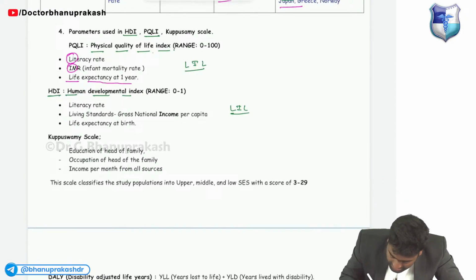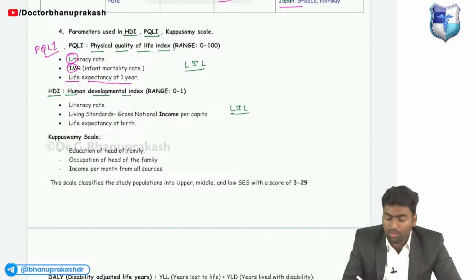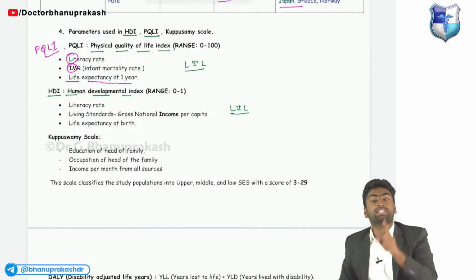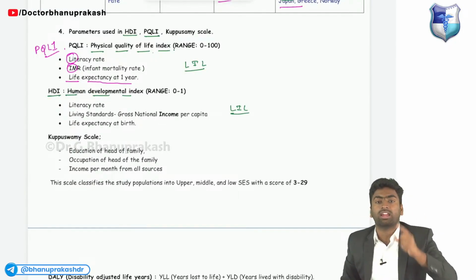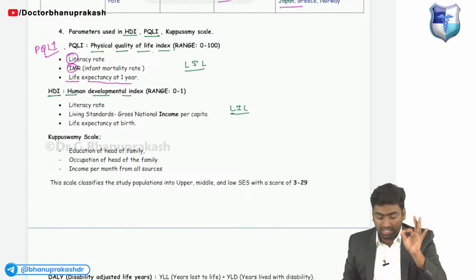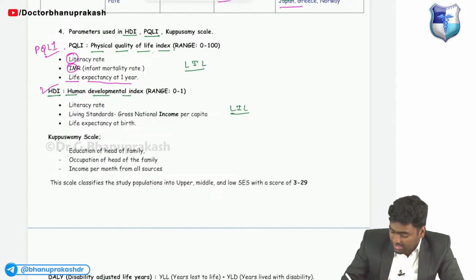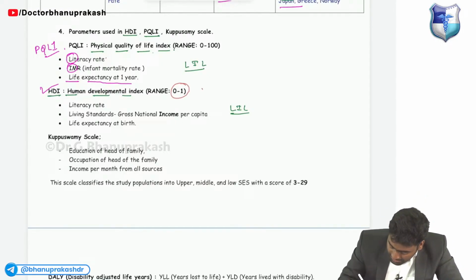Remember how you write PQLI: this I looks like a 1, so it is PQL1, life expectancy at 1 year. Next is the Human Development Index, which ranges from 0 to 1, and it also has LIL. One is the same literacy rate.